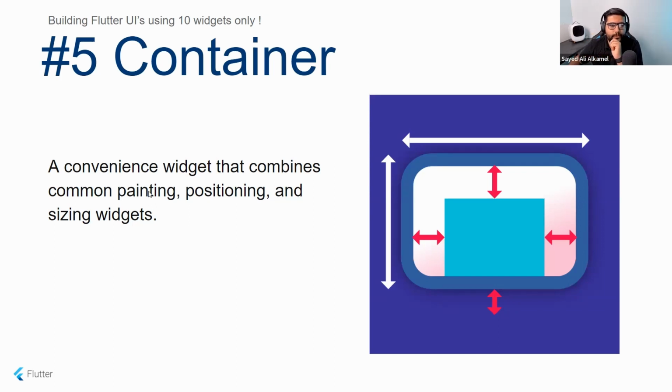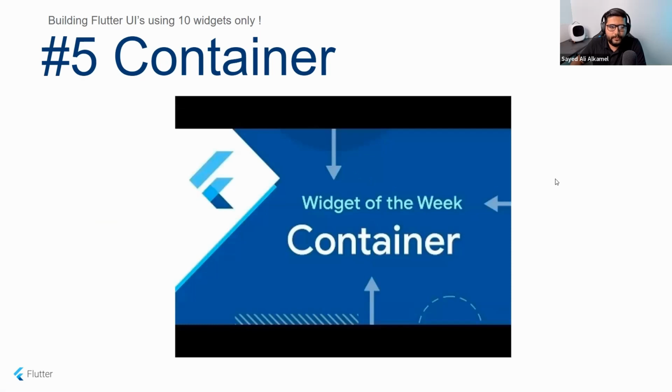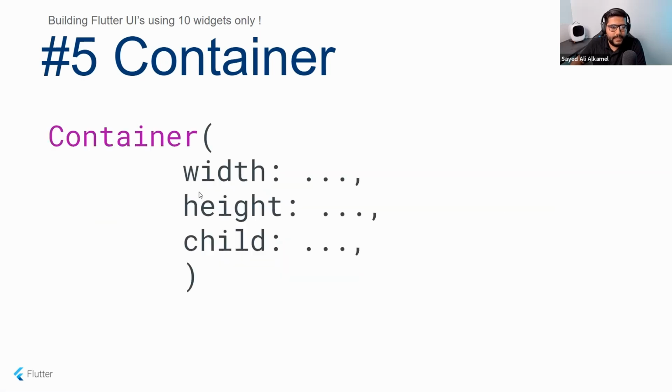It can be used for repositioning and adding some sizing to other widgets. It can be used to edit the width and height. It's something that can be used in a lot of ways.